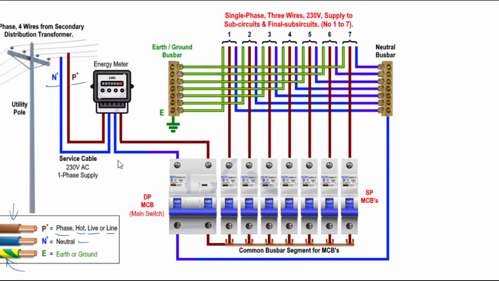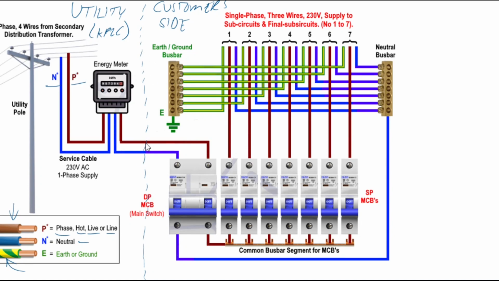From the energy meter, it will cross now into your first point of entry. So beyond this point, this is now the customer's side. Equipment on the other side belongs to the utility, for example, KPLC.